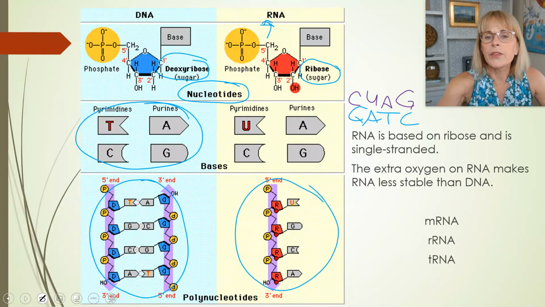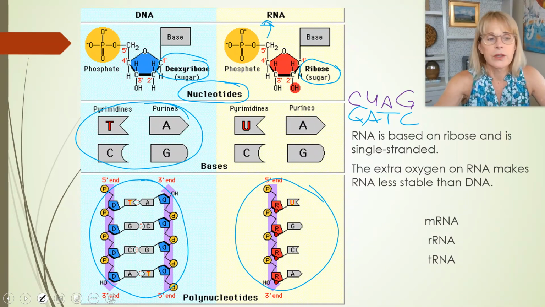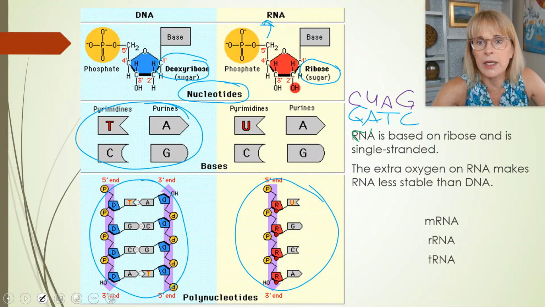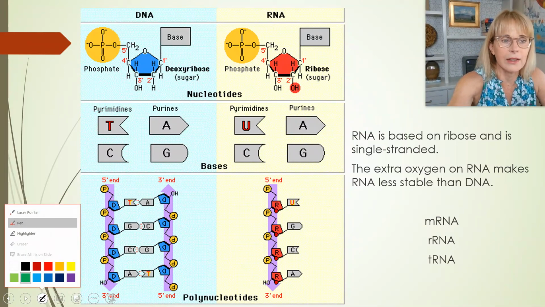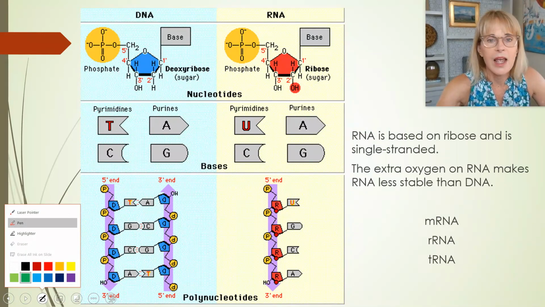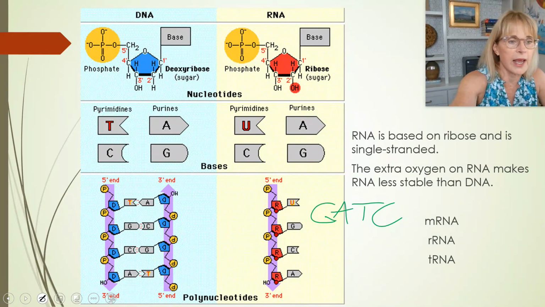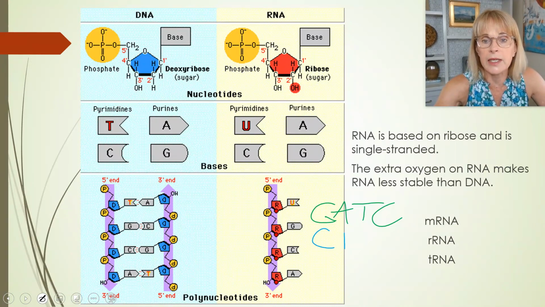So with DNA, the binding rules with DNA, if I had another piece of DNA, it would be... that's not right. Let's write it in a better place. Let's say we have G, A, T, and C. That's going to be our DNA. The complementary strand of DNA would be C, T, A, and G, right?